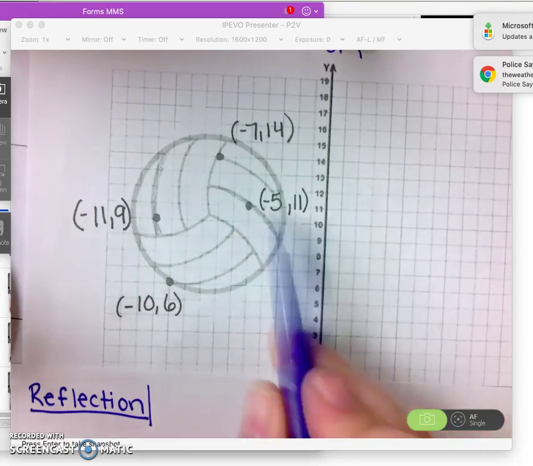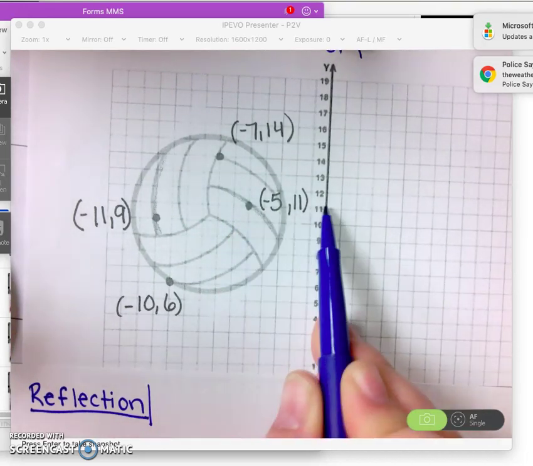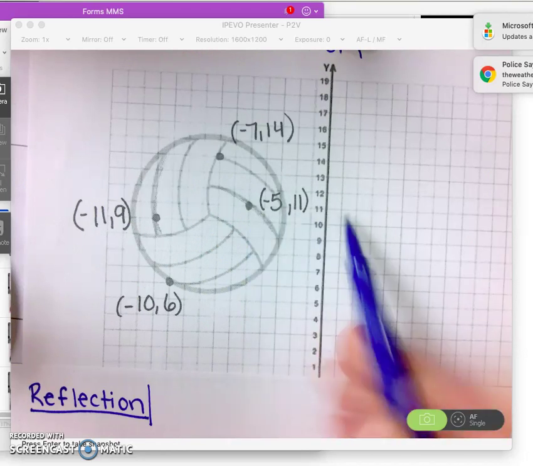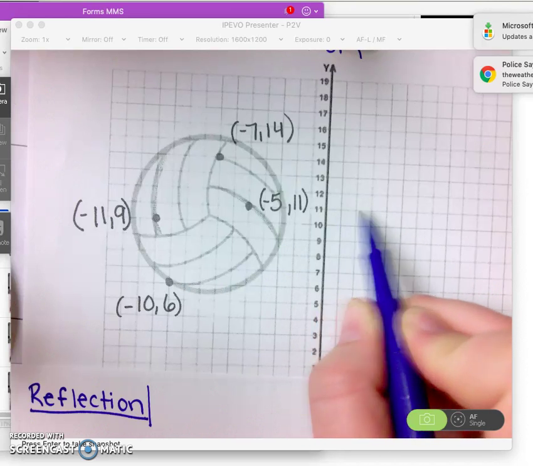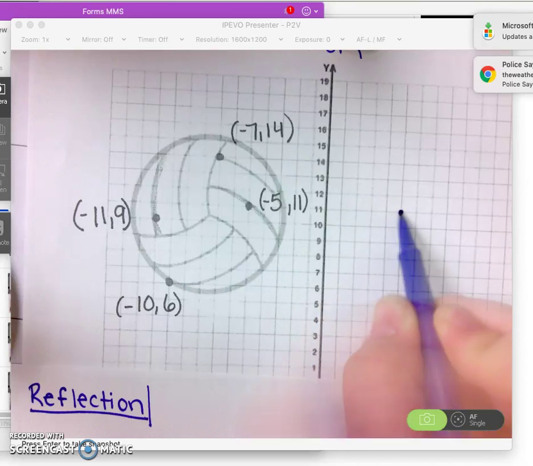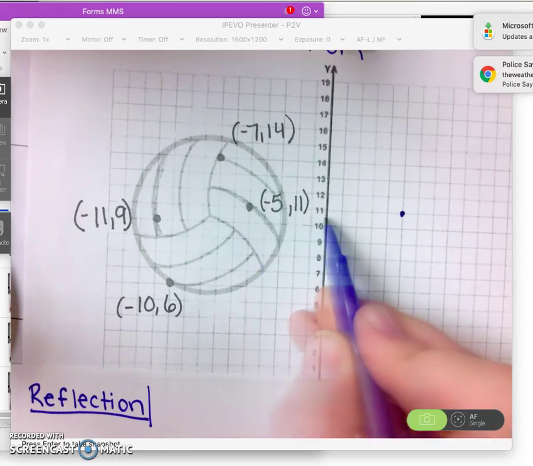You can see that this is -5 to the left of your y-axis. So I'm going to go to the right 5. 1, 2, 3, 4, 5. And this point would just be reflected. Instead of 5 to the left, it's going to be 5 to the right.